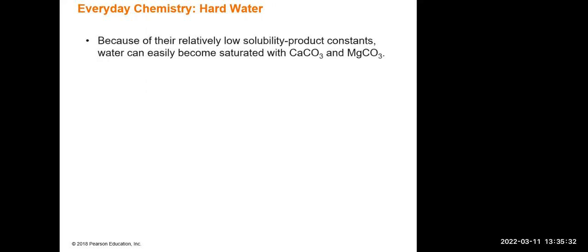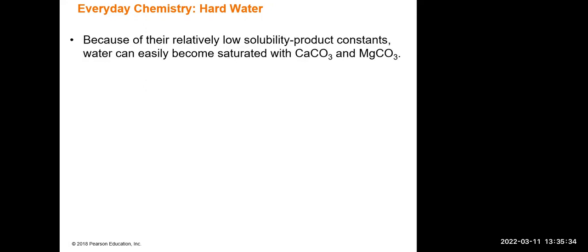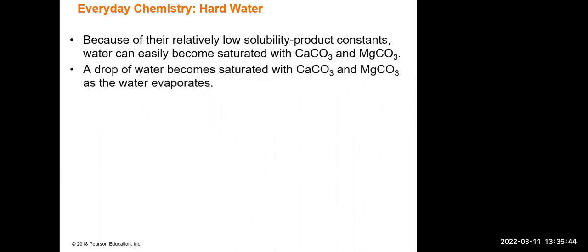Now we see the everyday chemistry: hard water. Because of their relatively low solubility product constants, water can easily become saturated with calcium carbonate and magnesium carbonate. A drop of water becomes saturated with calcium carbonate and magnesium carbonate as the water evaporates.